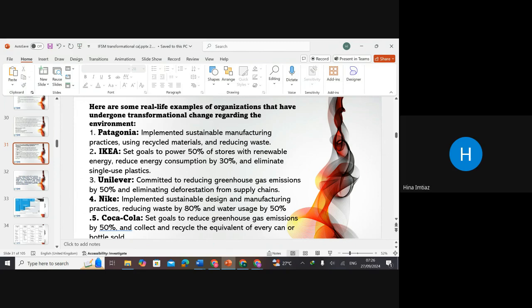So basically, they work in the sector of solid waste management, and they also use sustainable material, because 82% of Patagonia's materials are recycled, regenerative, or renewable. And Patagonia establishes supply chain data to ensure accountability.